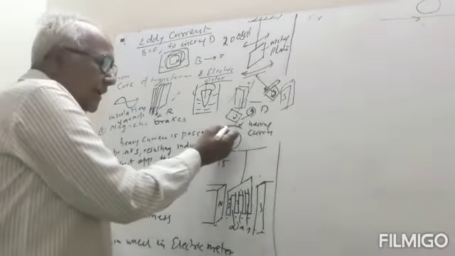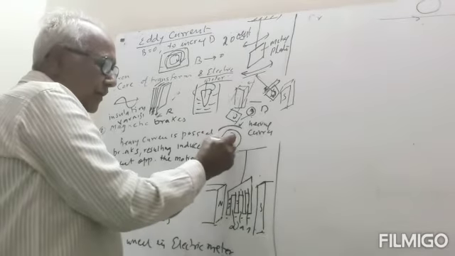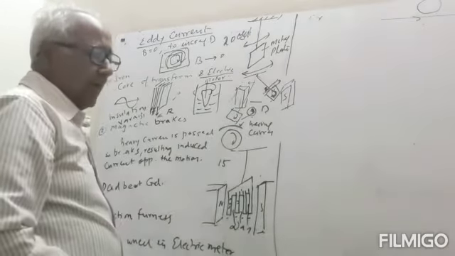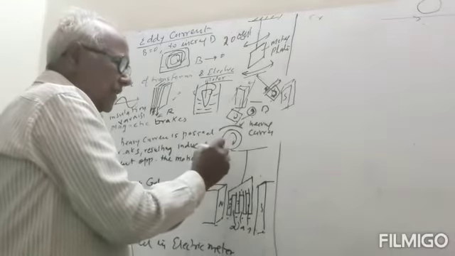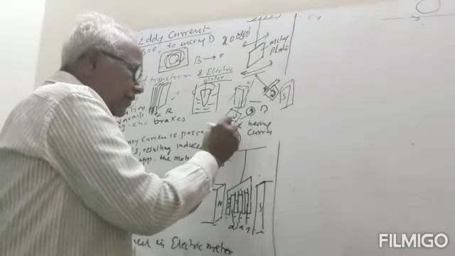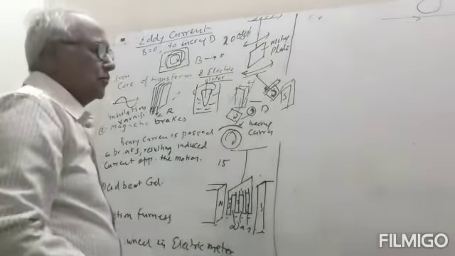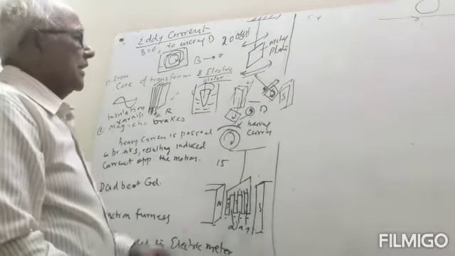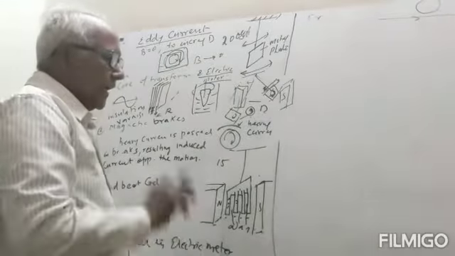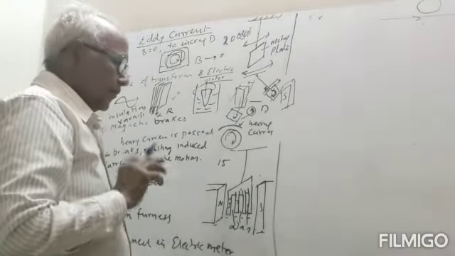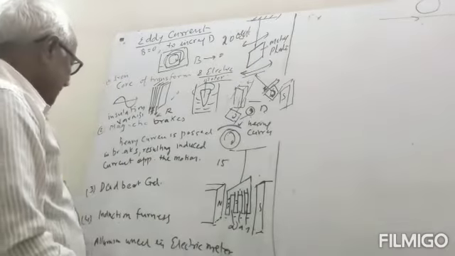Now due to this heavy current, the wheel is rotating. So induced EMF is produced and eddy currents are produced, and due to these eddy currents, the force will be in the opposite direction, so the train will be stopped. So eddy currents are used for the electrical brakes in electrical trains.